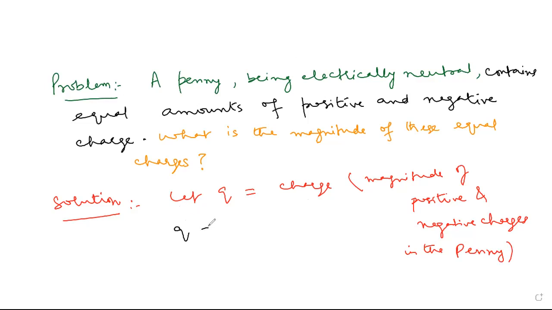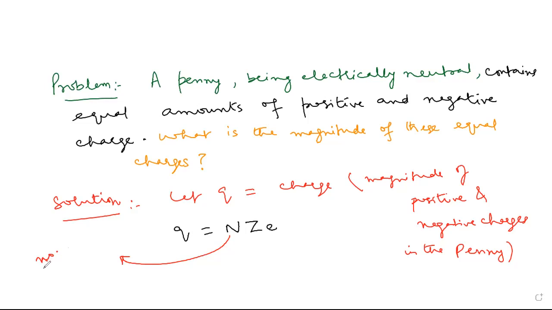We can write Q equal to N Z E. What is N? N is the number of atoms in the penny. Everything is composed of atoms, so the penny is composed of atoms.